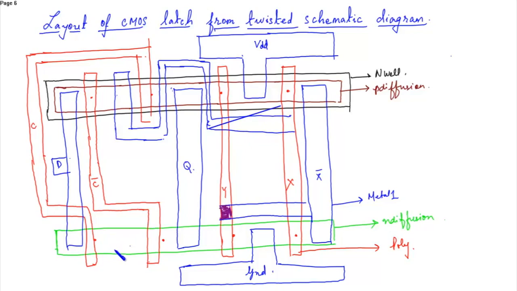Similarly, over here you will connect from here. So this is a point where X is connected. Okay. We can directly connect over here because this is also connected to X. So you have to place a poly contact. This is your poly contact.